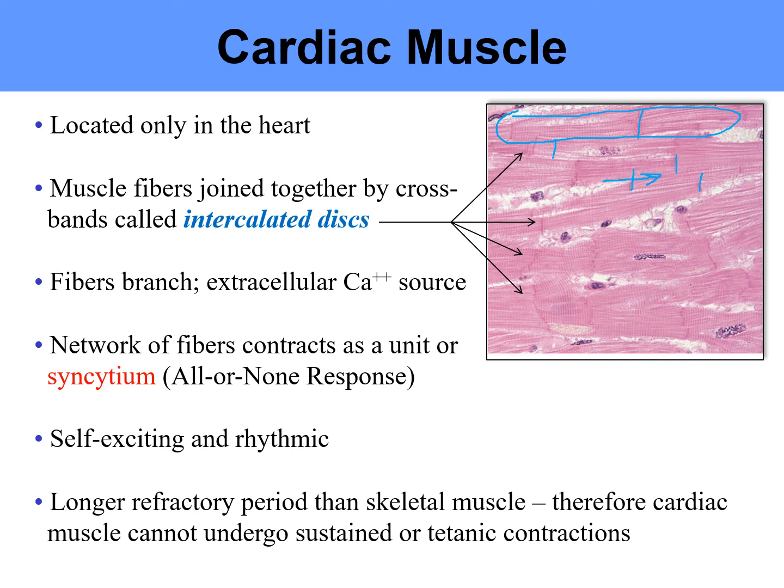And this is really important because if you think about, for example, the left ventricle of the heart, and we'll be getting more into the heart in a couple more weeks, you don't want parts of your left ventricle to contract while other fibers don't. You want that entire mass of muscle tissue to contract together. And so as a result of having these intercalated discs and the movement of ions across those very, very rapidly, this entire mass of cardiac muscle contracts in what's referred to as a syncytium.